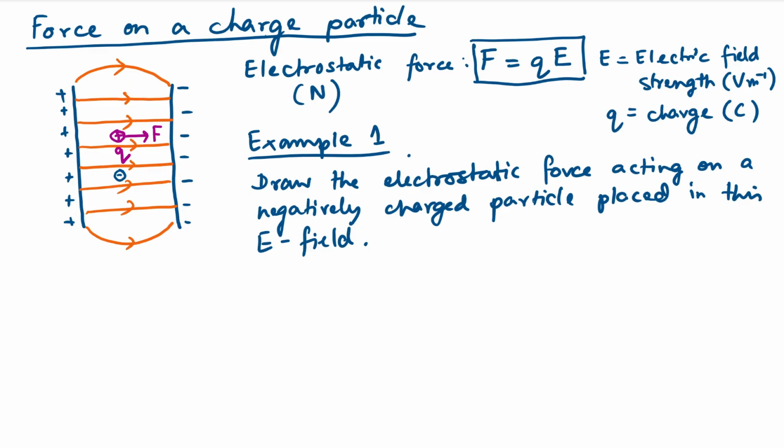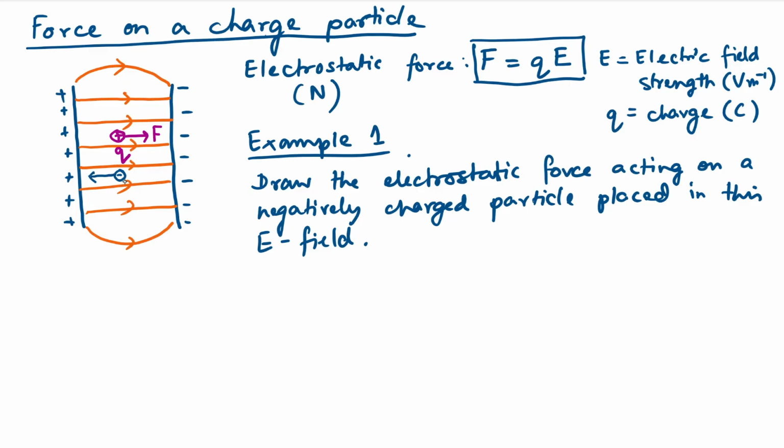Now the negative charges on the plate on the right hand side will basically repel this negative charge. So there will be a force to the left because of that repulsion, and the positive charges on the left hand side plate will attract this negative charge. So combined there will be a net force to the left.